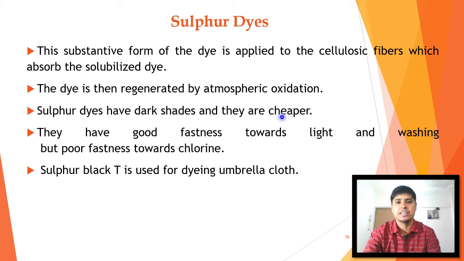Sulfur dyes have dark shades and are cheaper also. They have good fastness towards light and washing, but poor fastness towards chlorine.